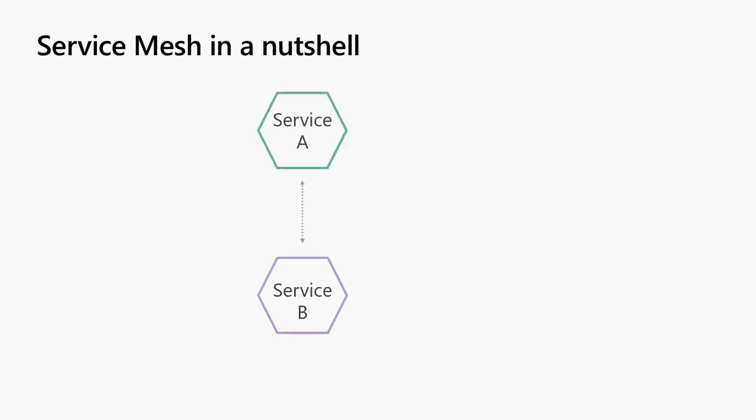So basically, rather than letting service A connect to service B directly, the service mesh will add another layer, and that layer is called a sidecar. The sidecar will sit in front of every service, and it will take care of the connection between the services.